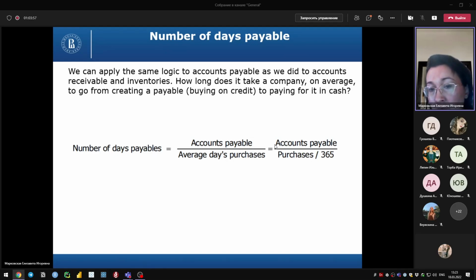Purchases. What is the value? What does it mean, purchases? In this case, we can use cost of goods sold, for example, or we can find the more correct value from our details.